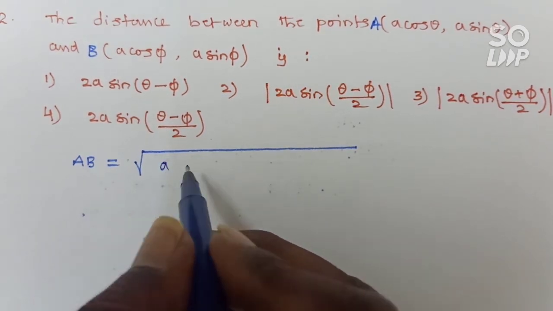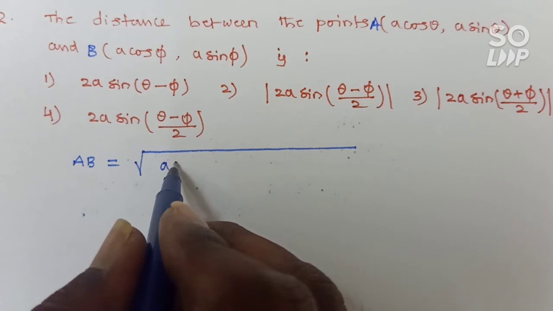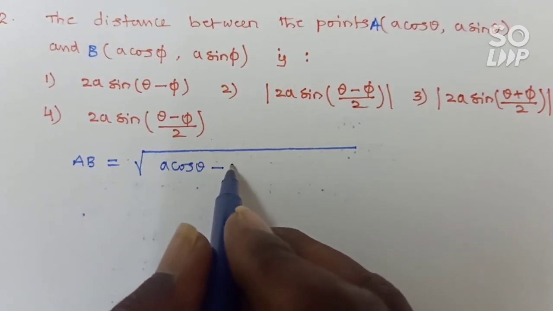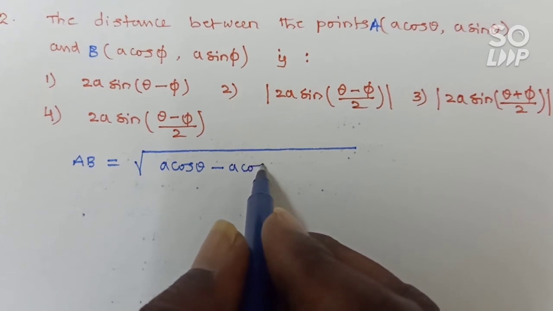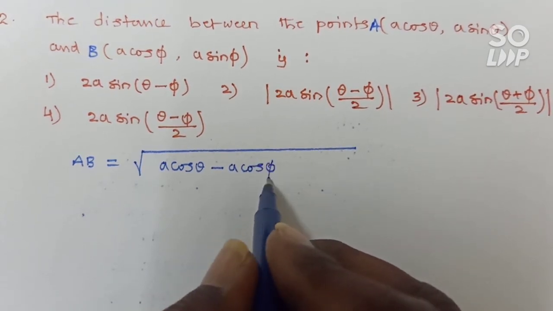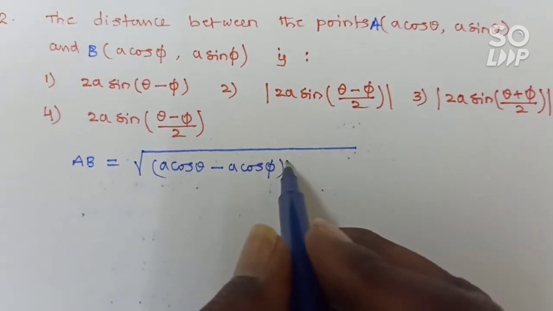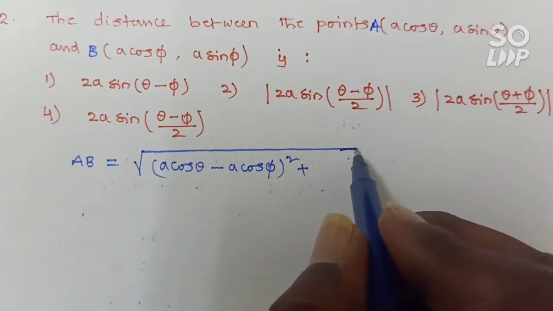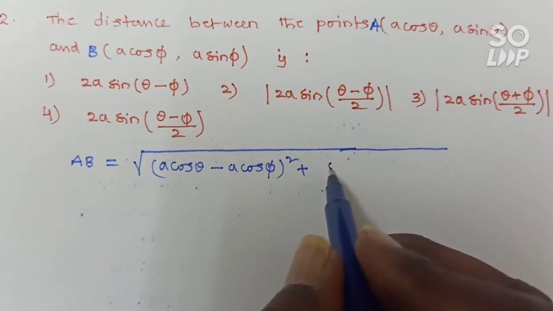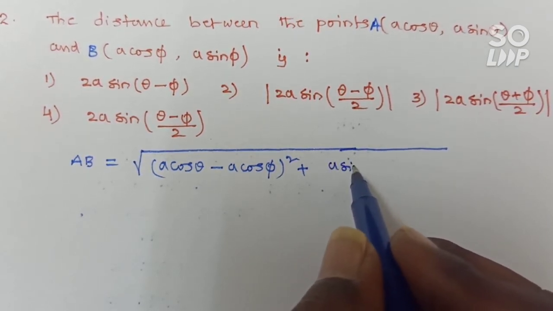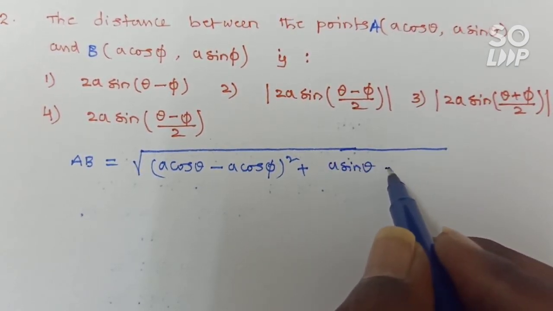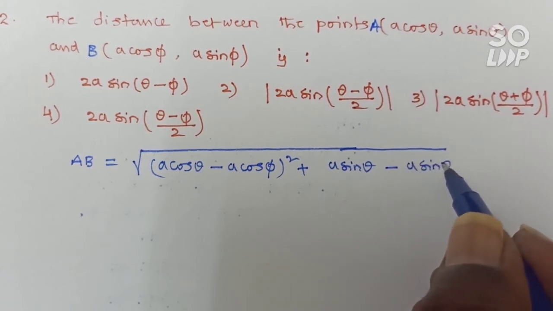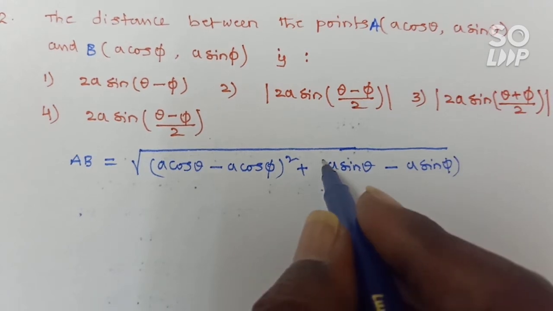So a cos theta minus a cos pi, whole square, plus (y1 − y2) whole square, that is a sin theta minus a sin pi, whole square.